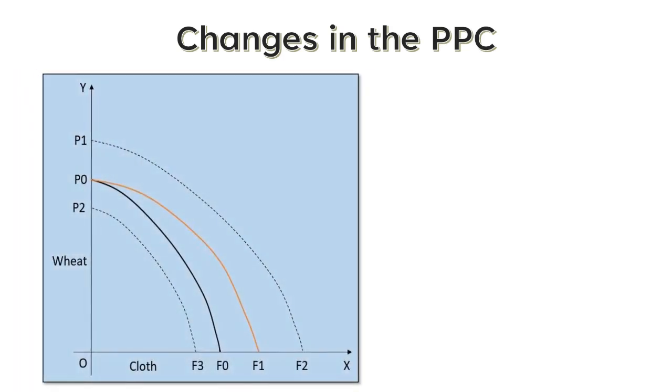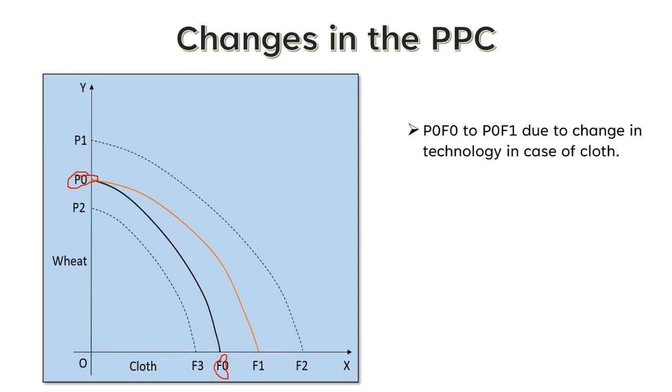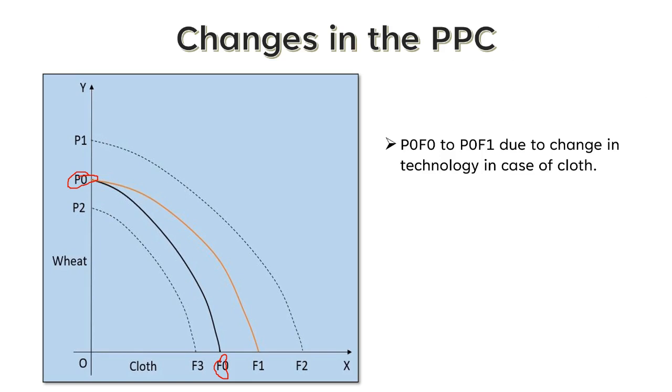Now let us discuss the changes in the production possibility curve in a diagrammatic representation. In this diagram we can see the initial production possibility curve is P naught F naught, and whenever the technology changes in case of the production of cloth, the production possibility curve changes its slope from P naught F naught to P naught F1.